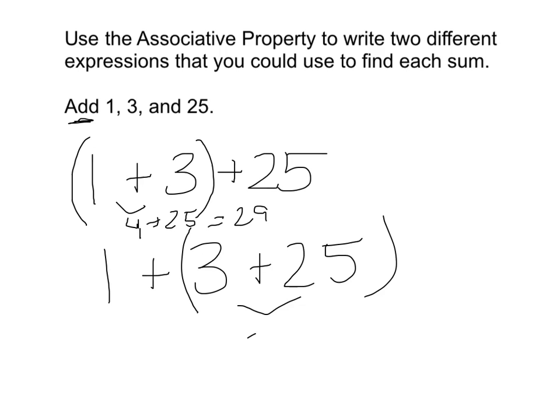Here I get 28 plus 1 equals 29. It doesn't matter where my grouping symbols are, as long as every single operation is an addition sign, which in this case it's telling us to add, so we know that will be the case. There's just one more problem like this on your homework, so this should be pretty easy for you to do on your own.